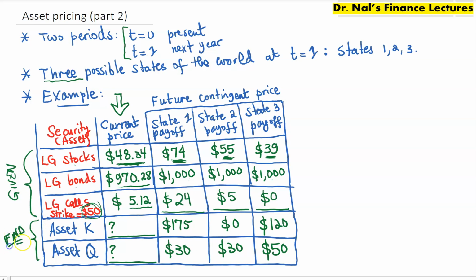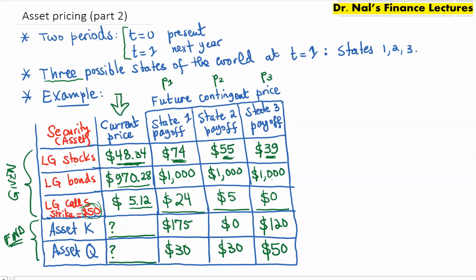Basically, we want to value these securities, asset K and asset Q, using the no arbitrage principle. And we learned that the way to do it is using state contingent claims. So the price of a state 1 contingent claim, let's assume it's P1. The price of a state 2 contingent claim is P2, and the price of a state 3 contingent claim is P3.